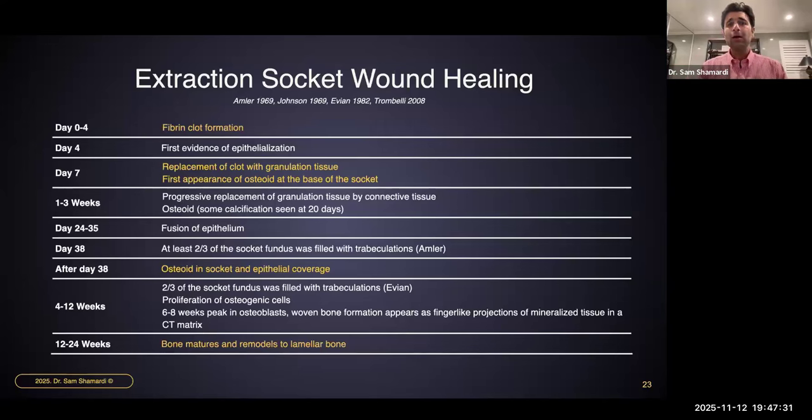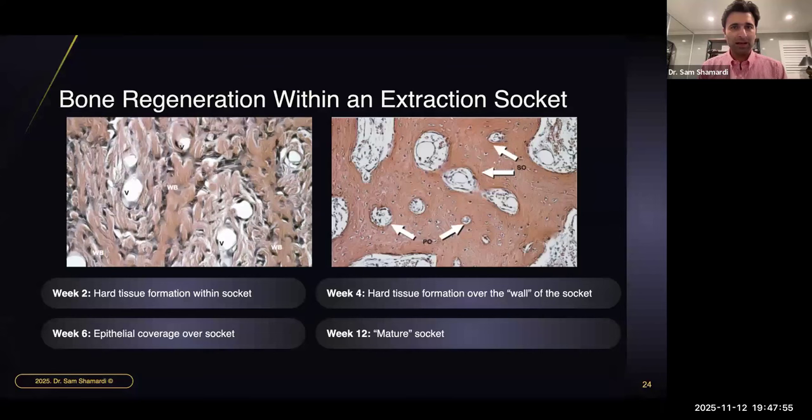And the bottom line is understanding that biology and giving your patient this information again on the front end, being prepared, knowing how big your infection is and approximately how long you're going to need to allow that socket to heal before you ever consider re-entering that case. All of that information, knowing that on the front end is again critical to setting yourself up for long-term success and better patient outcomes.